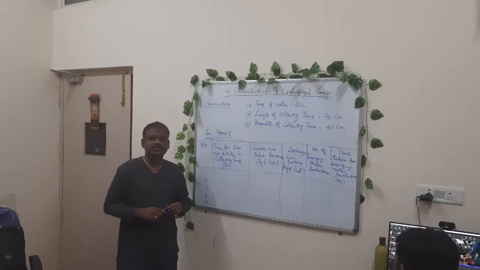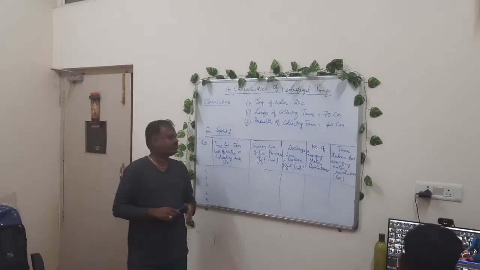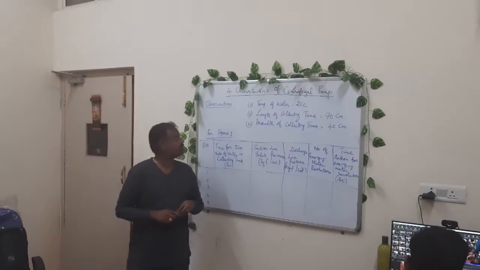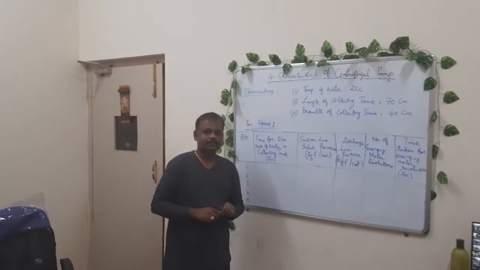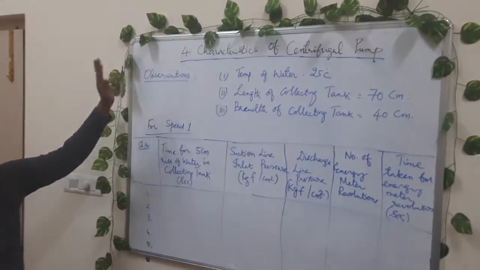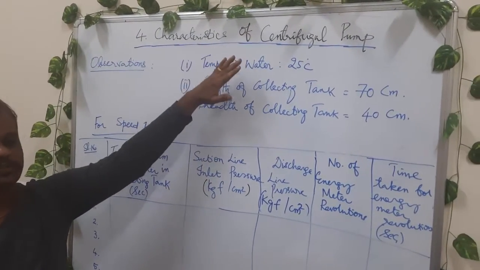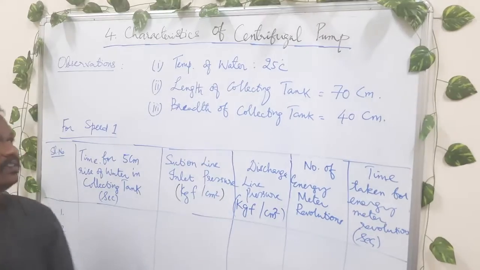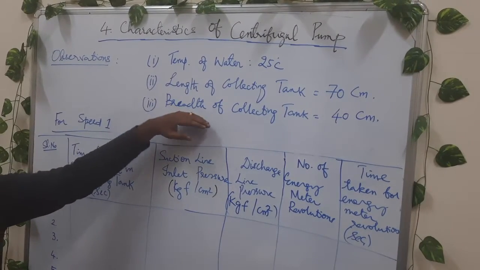Dear students, now I am going to explain the observations as well as the step-by-step calculation procedure for obtaining characteristics of centrifugal pump. In the experiment, you have already measured the temperature of water, which is nothing but the room temperature, 25 degrees centigrade, and you already measured the length and the breadth of the collecting tank.